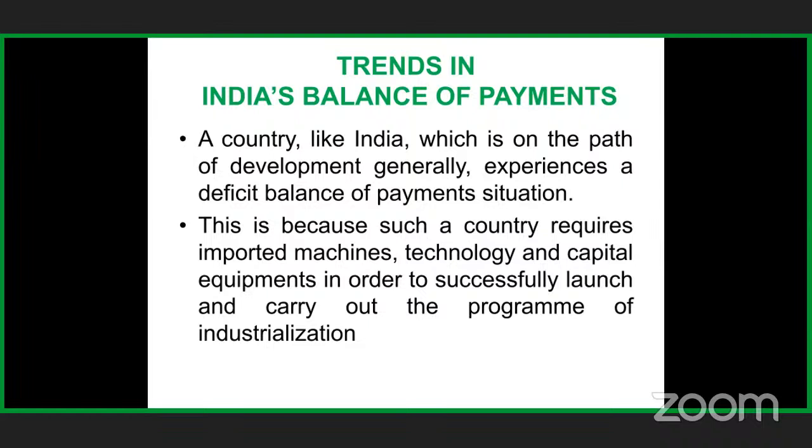When it has a favorable credit balance, it is considered that the country is heading towards prosperity because by having surpluses, it either increases its foreign credits or reduces its foreign debits.